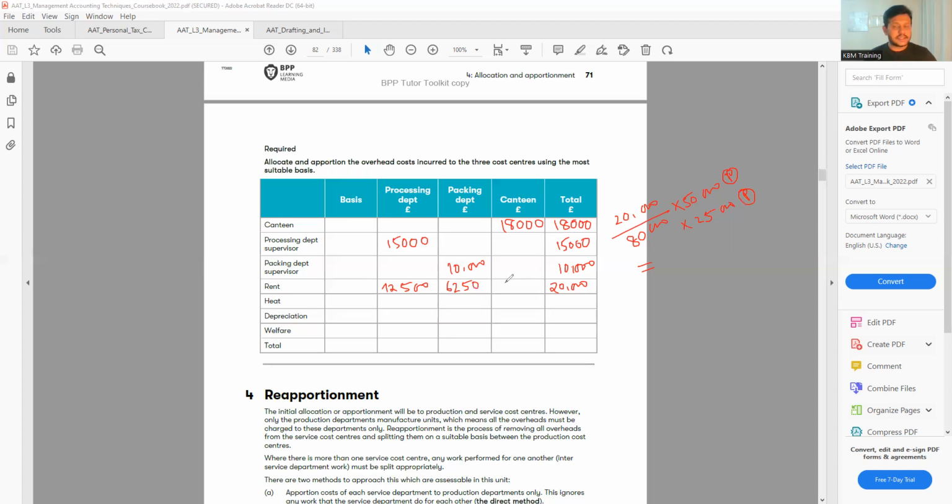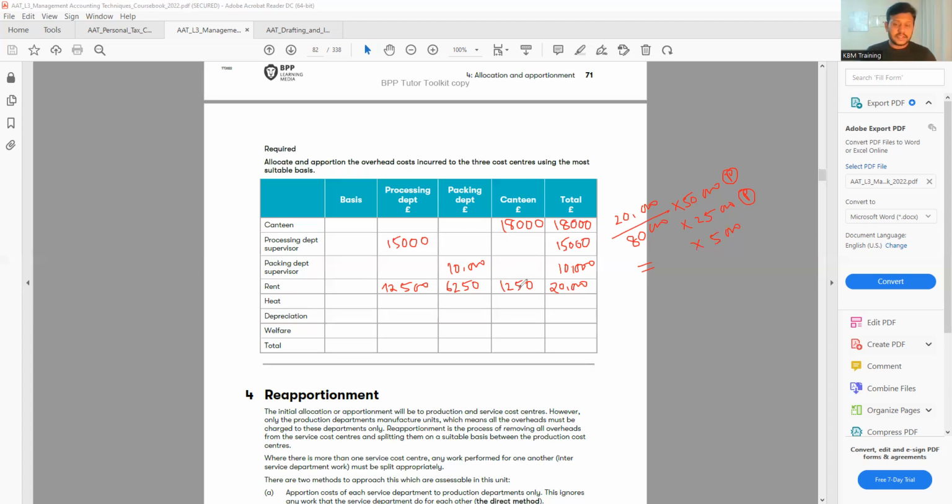Finally, for the canteen, it is 5,000, so 20,000 divided by 80,000 times 5,000. This will give us 1250. Very good. All right, that's how we will apportion.